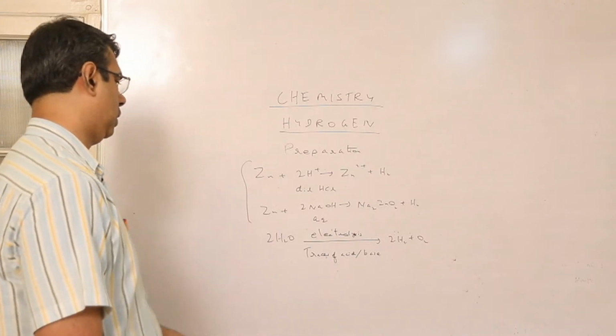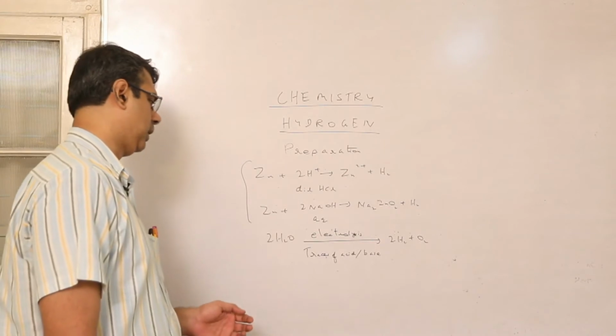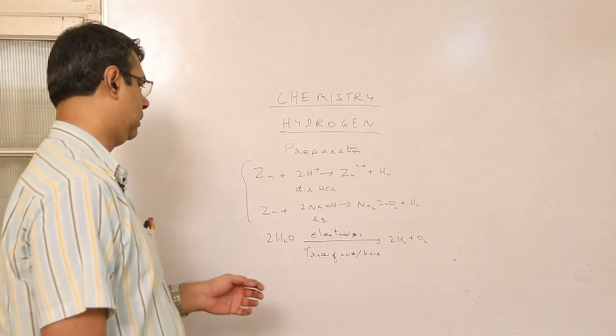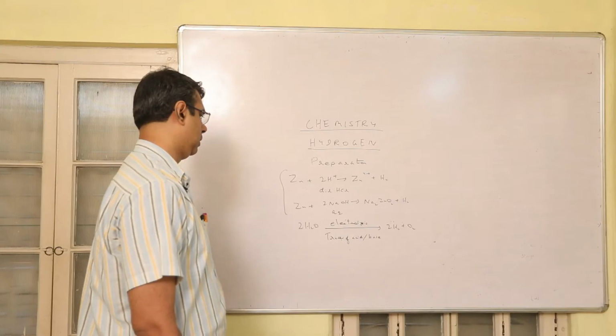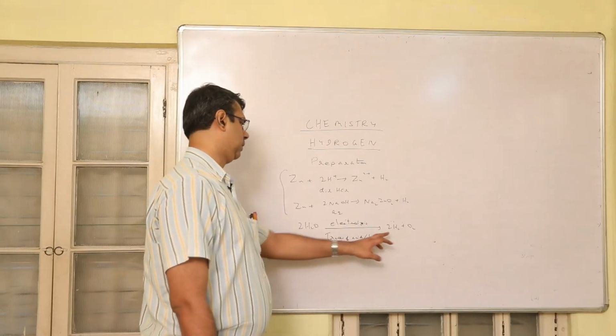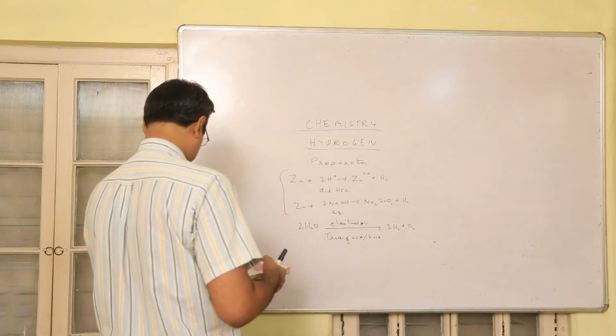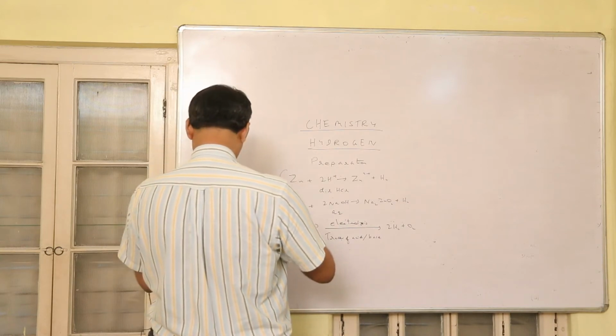Now you know that water itself is not a very strong electrolyte. So to make it a good electrolyte, you need to add traces of an acid or a base. After that, the electrolysis of water will give hydrogen and oxygen.